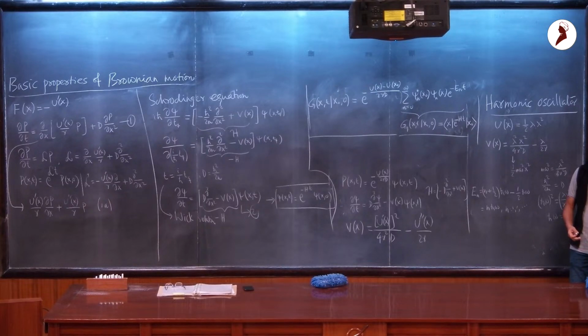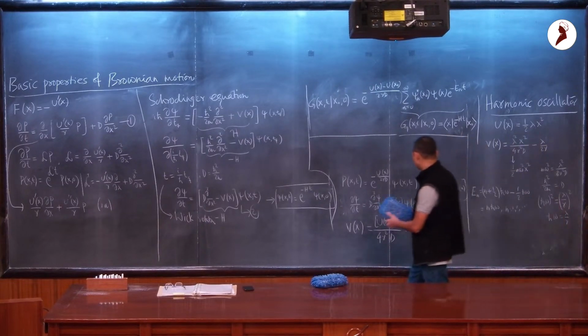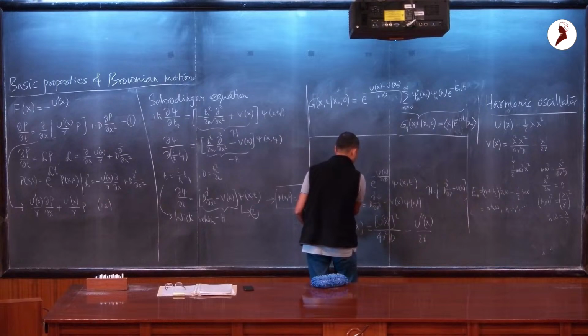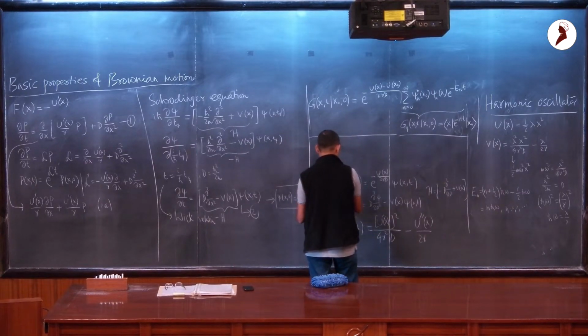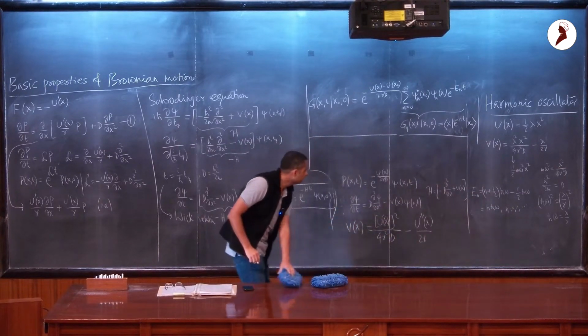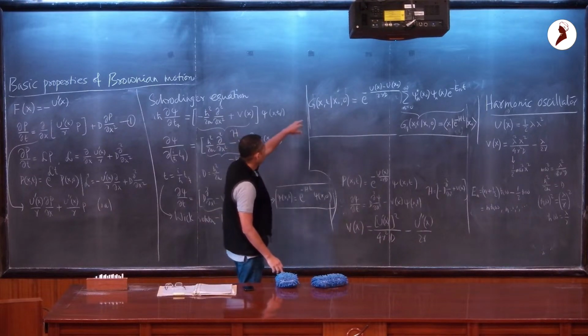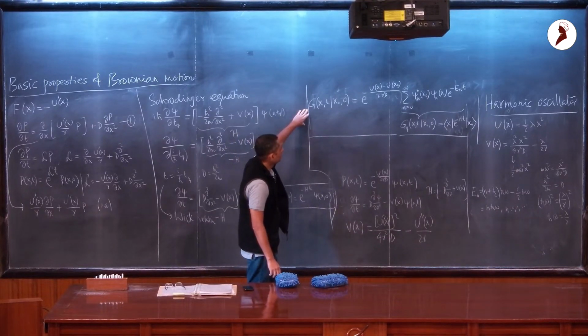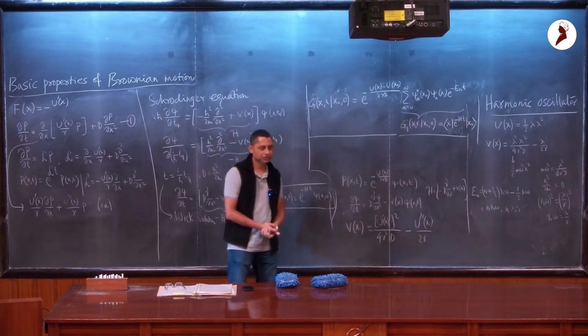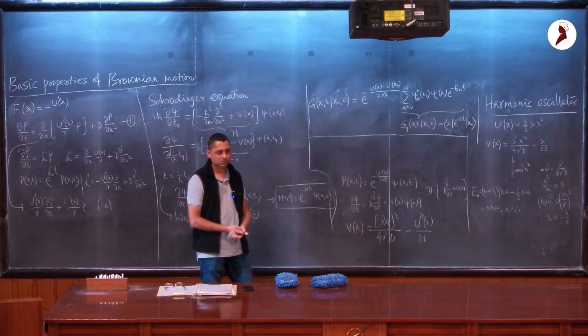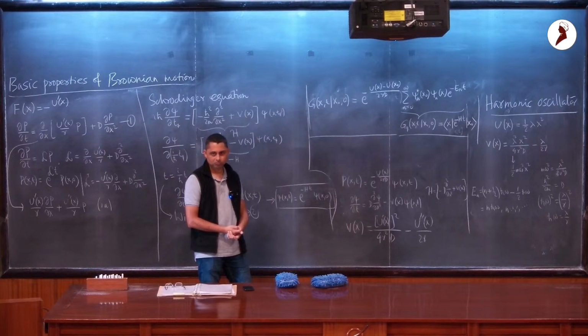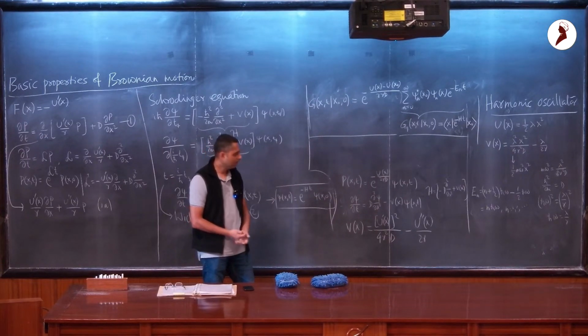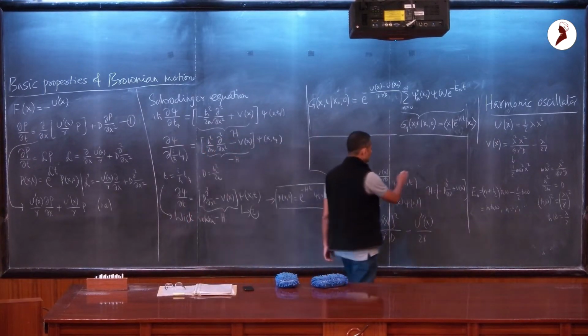So what does it mean? If you do this problem, what does it mean? Okay, so what are the wave functions of this quantum harmonic oscillator? A Hermite polynomial times a Gaussian, right?